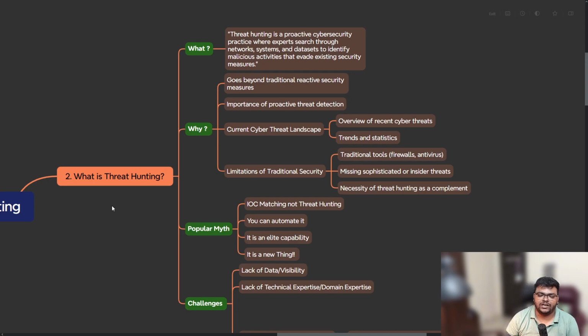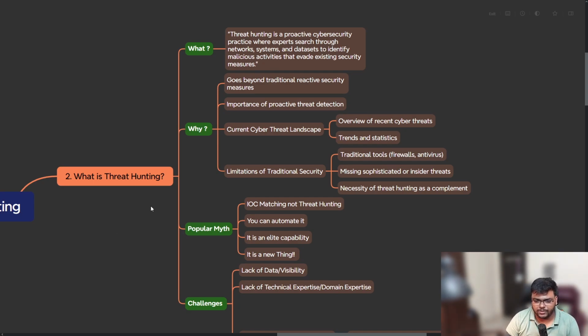So if your hunts are working with detections, there's nothing like it, right? You have reactive as well as proactive, both approaches covered for your threat detection. But there are some myths in the market that I will bust before we go on to understand the challenges along with it in the life cycle of threat hunting.